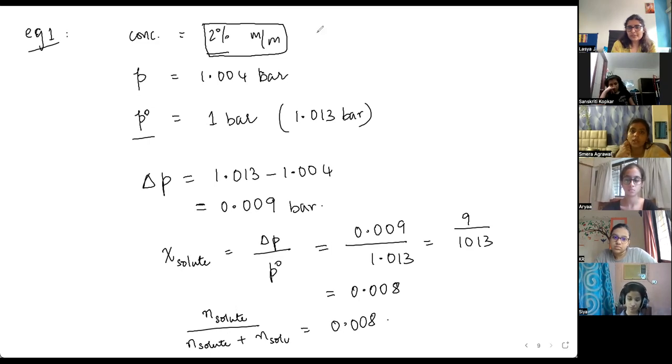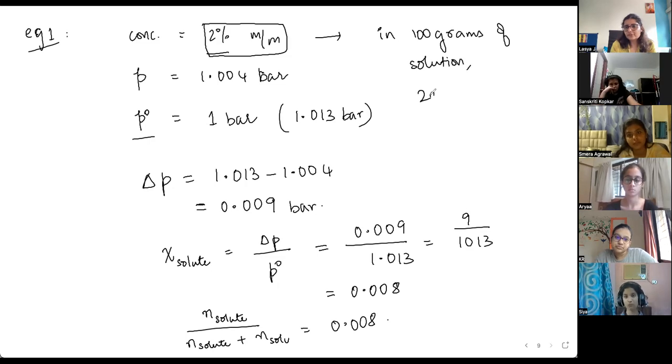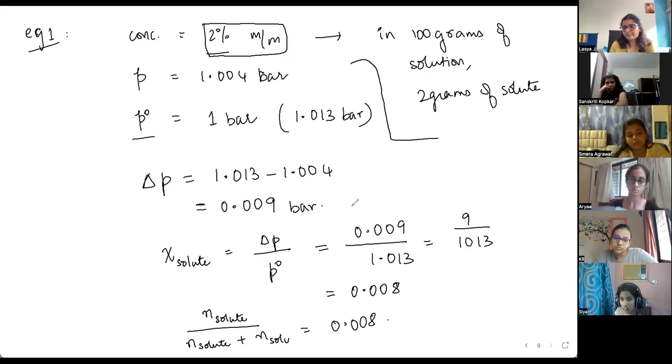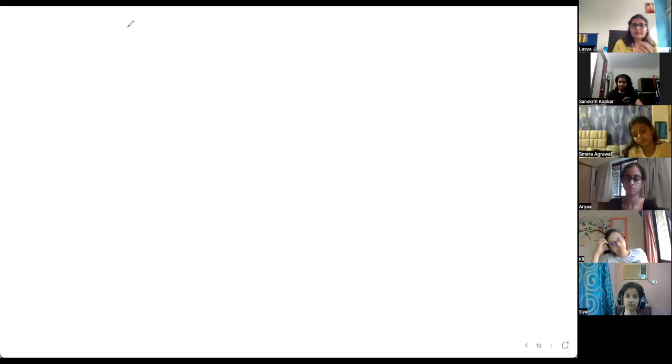So 2% aqueous solution means in 100 grams of solution, we have 2 grams of solute, right? Aqueous solution is given, so we know solvent is water.